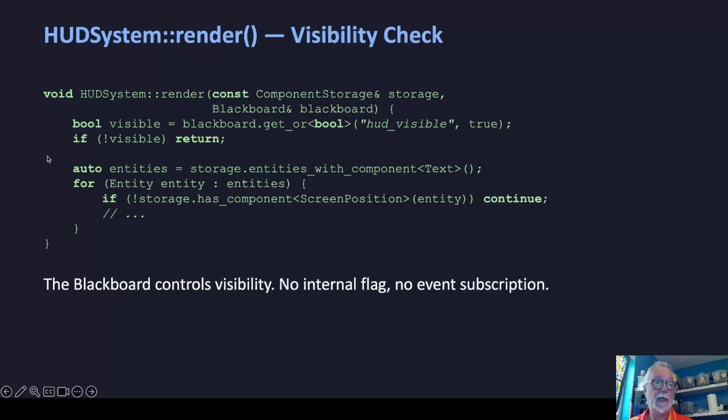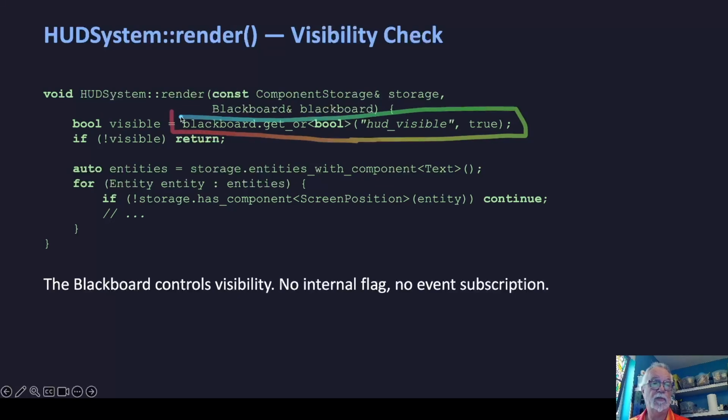My render step for my HUD system is going to look at the blackboard, and it's basically going to decide whether the HUD is visible or not. If I am not visible, I return.